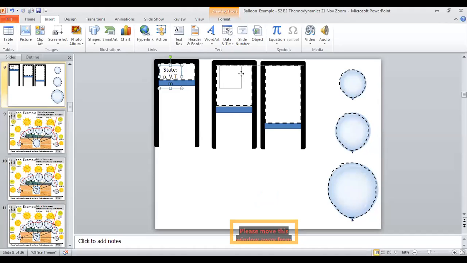For the expansion of this cylinder piston system, you can see three instances.